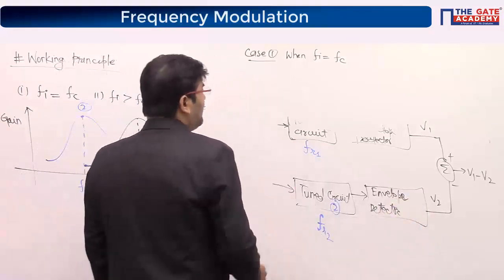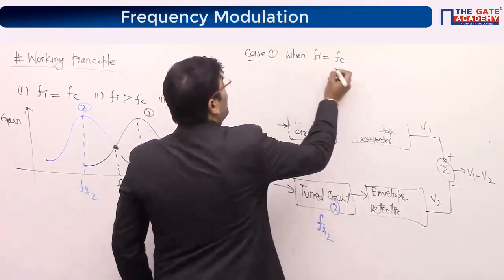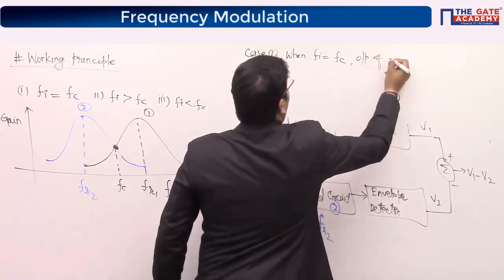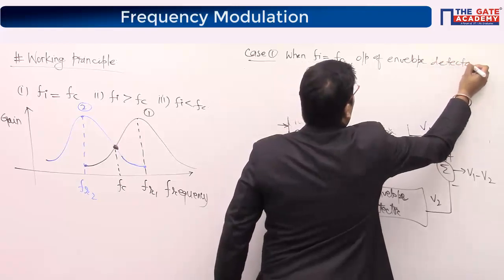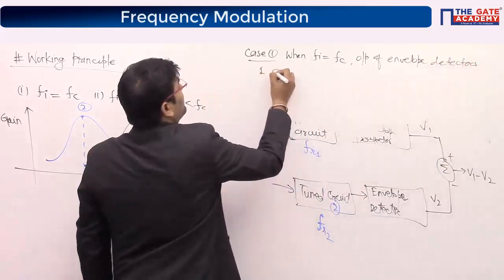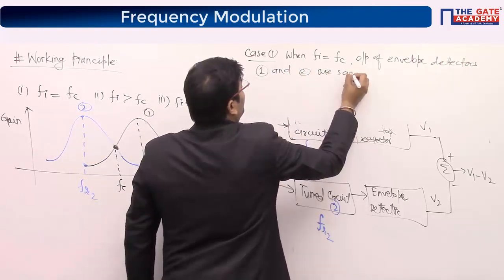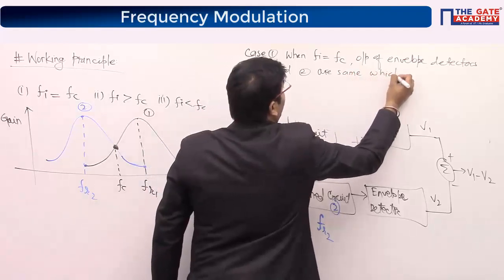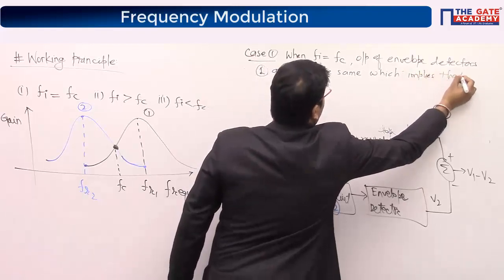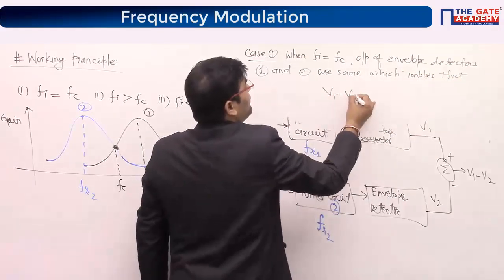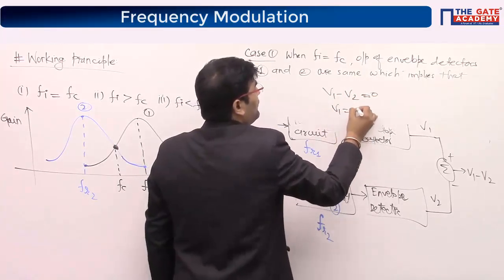So I can write, when Fi is equal to Fc, the outputs of envelope detectors 1 and 2 are the same, which implies that V1 minus V2 equals 0, meaning V1 equals V2.